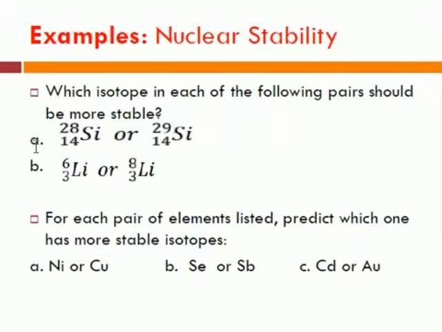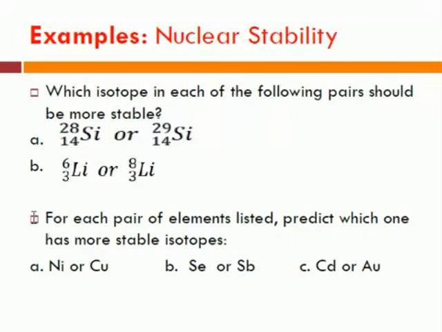So the answer for letter A is silicon with a mass number of 28. For letter B, we have lithium. The atomic number is 3 and the mass number is different. Again, the answer is the first one, lithium with a mass number of 6, because the neutron to proton ratio is 1:1.